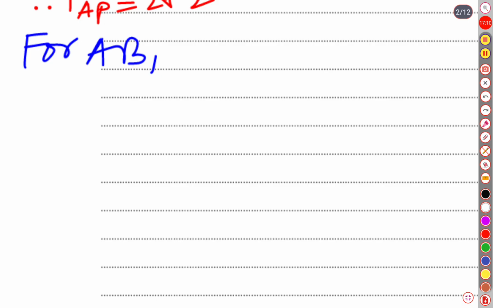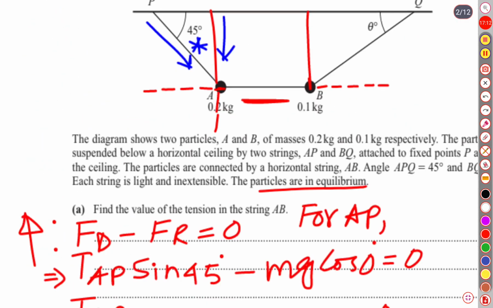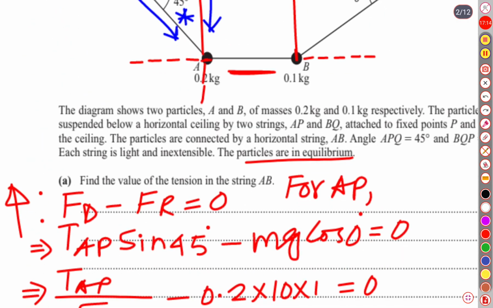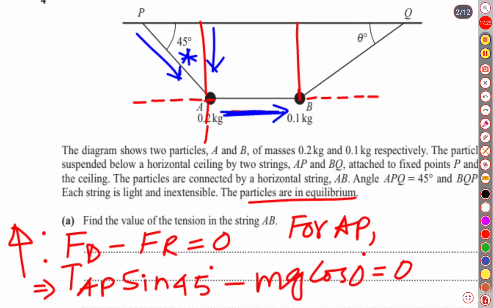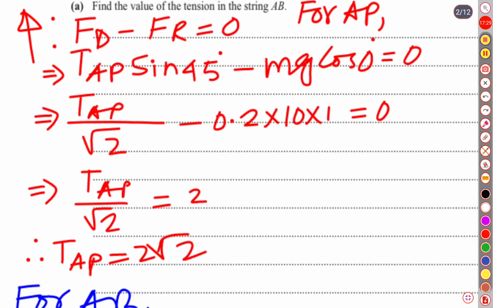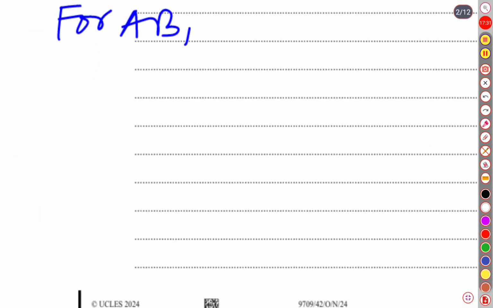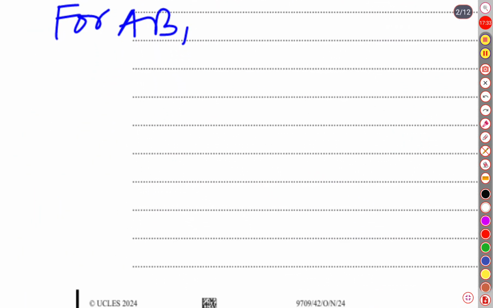AB is actually a horizontal string. Look at this, this is AB, this is a horizontal line. So if we use the same triangle, I mean the first triangle, the concept will remain the same. We are going to apply the same concept for the horizontal string.